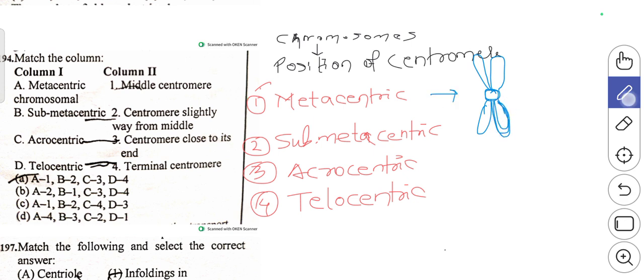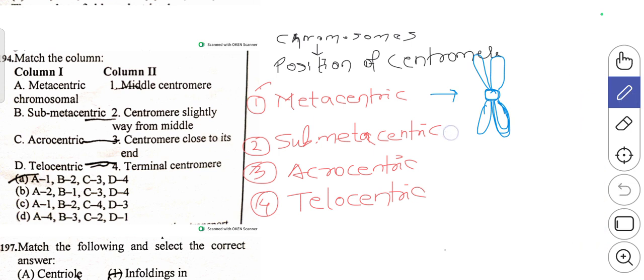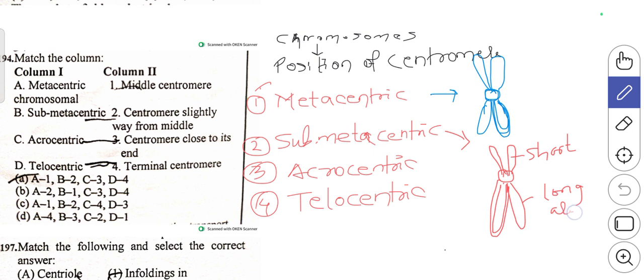Then a submetacentric chromosome, where the centromere is just away from the center with two different types of arms. One will be short, another one will be a long arm.